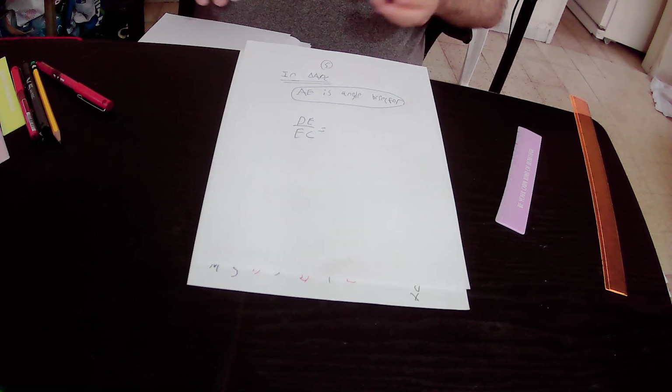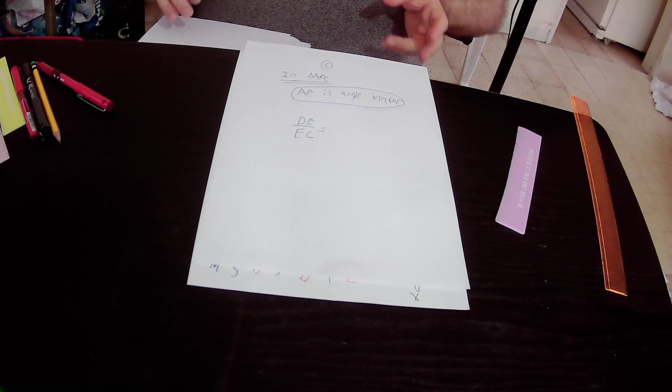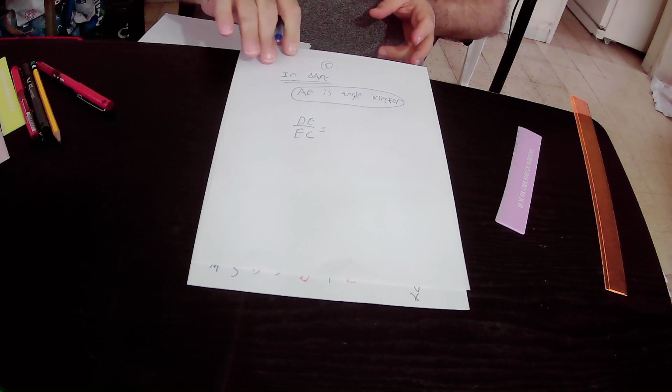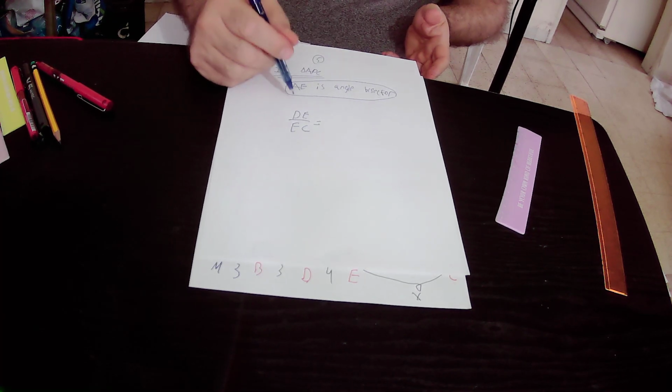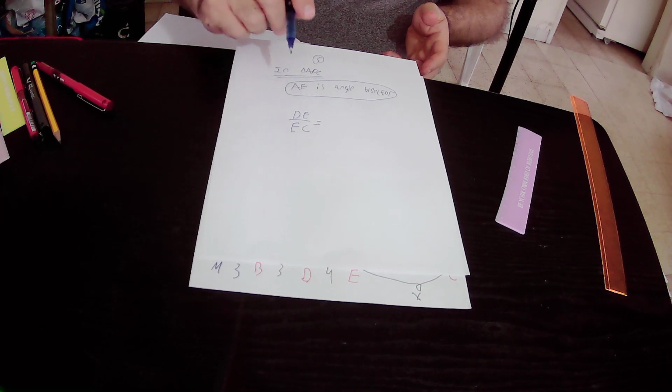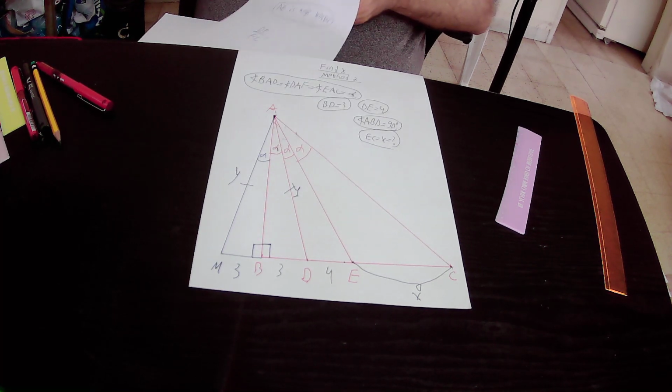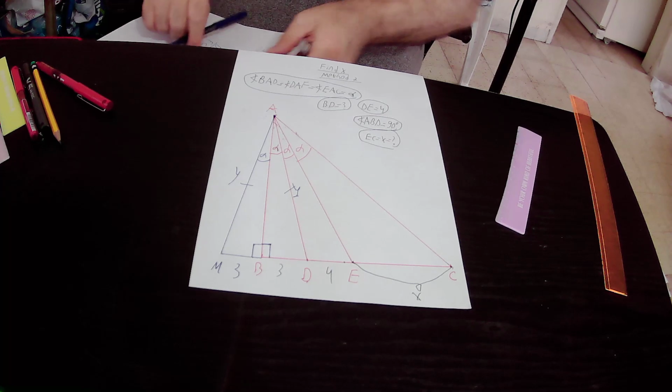Again, angle bisector AE in triangle ADC divides side DC in a ratio of DE over EC, and that ratio equals the ratio of the angle legs.